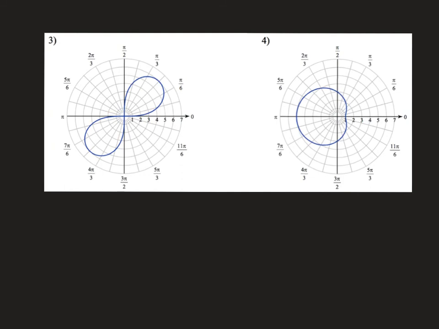All right, classifying this guy. This is a lemniscate. See if I can remember how to spell that. There we go. It does not have symmetry with respect to the polar axis. It does not have symmetry with respect to the line theta equals pi over 2.